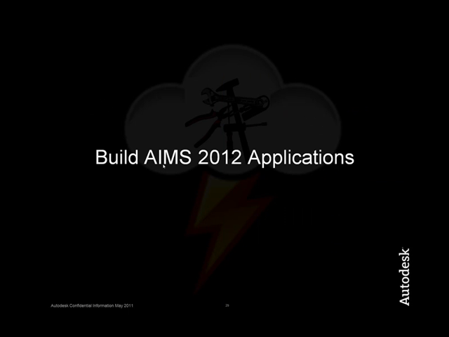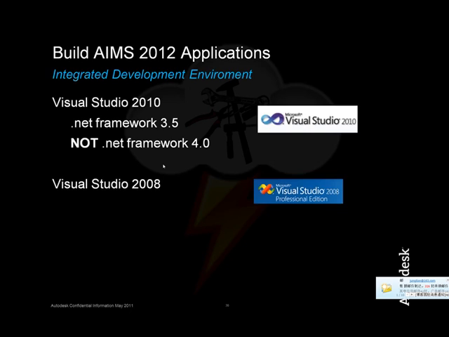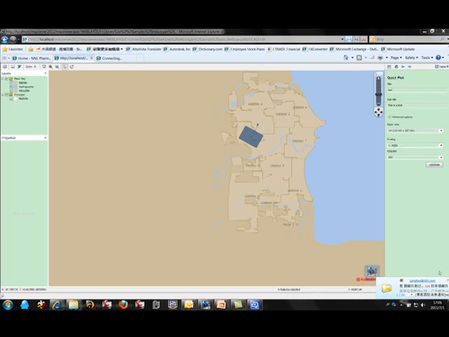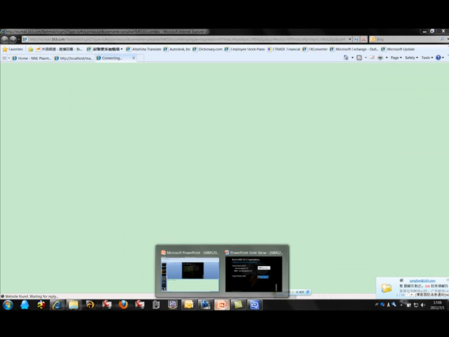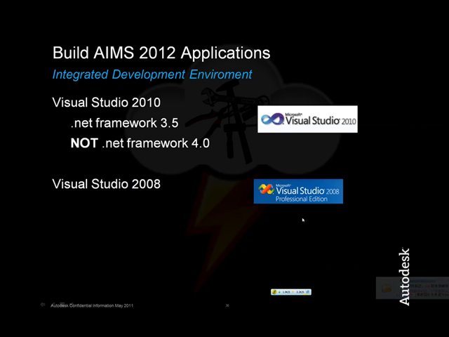Now let's move on to the topic of building custom applications based on Autodesk Infrastructure Map Server 2012. As we talked about earlier, we have 3 options to develop custom applications for MapGuide.